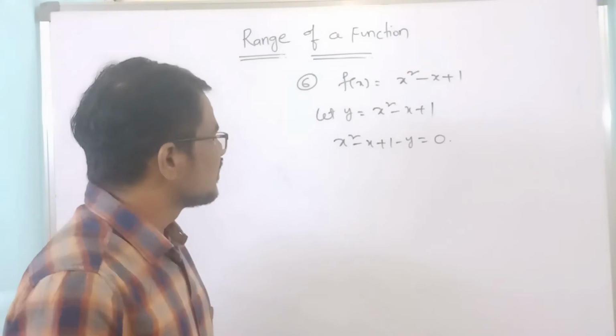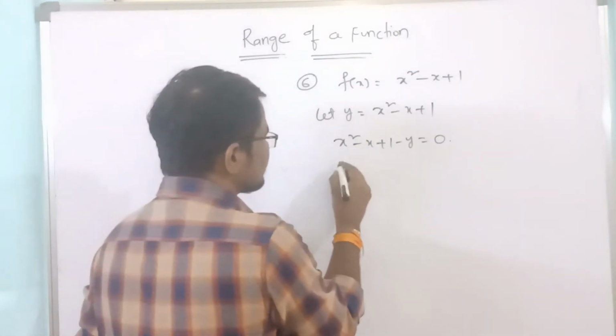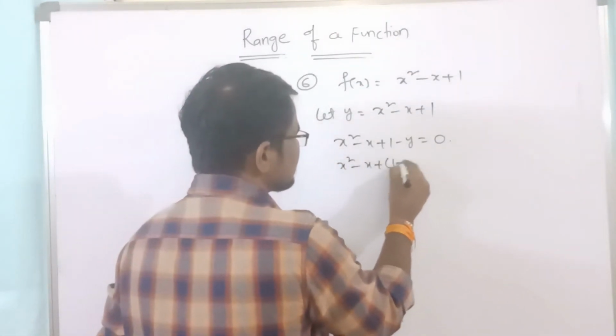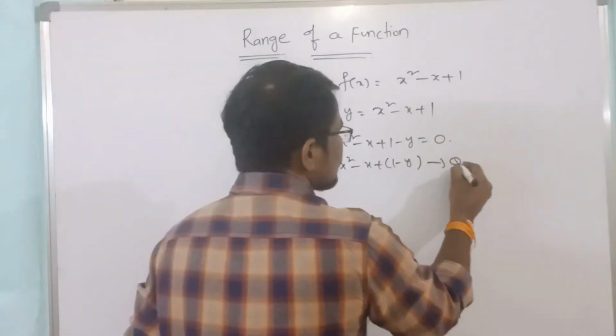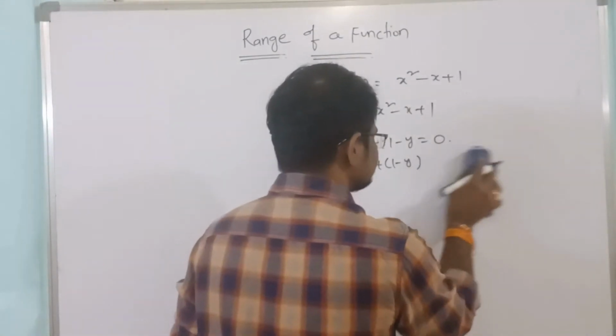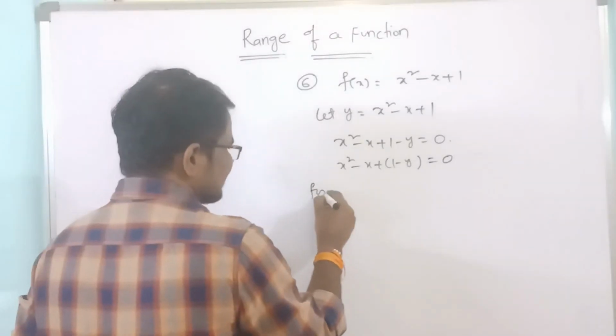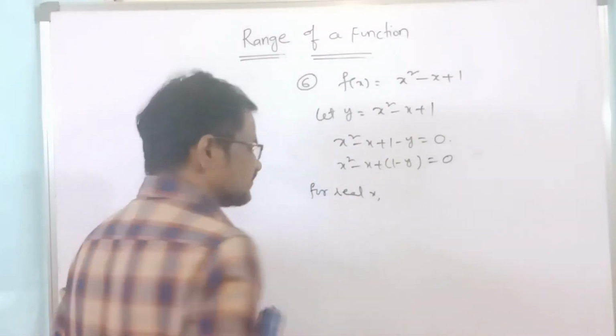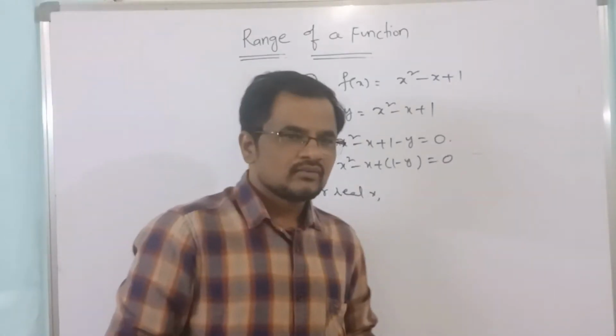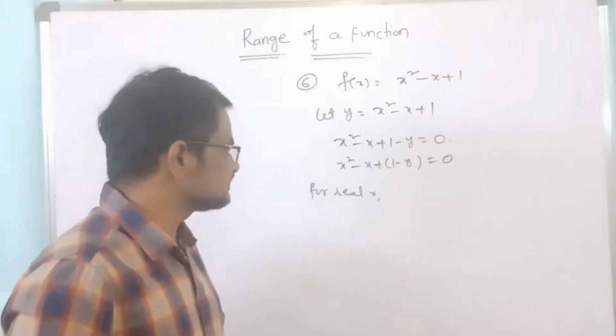Right? Now it is a quadratic equation, x square minus x plus 1 minus y. It is a quadratic equation. So for a real x, because we have to find the range of this function.